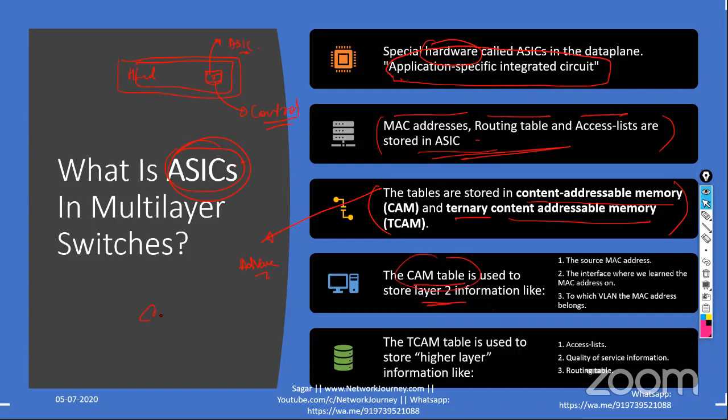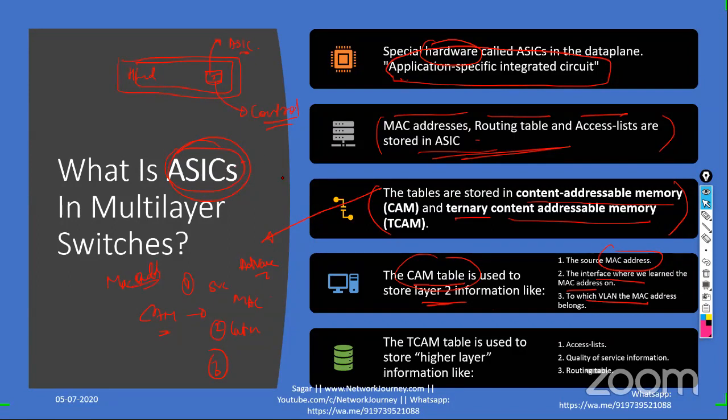It keeps the source MAC addresses and tells you on which interface each MAC address was learned. So your CAM table is a faster version of your MAC address table.